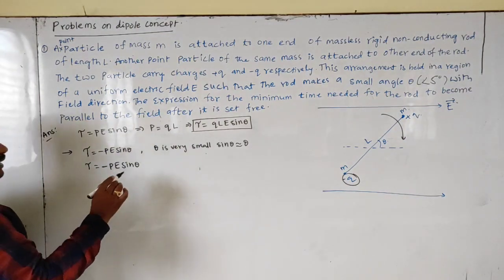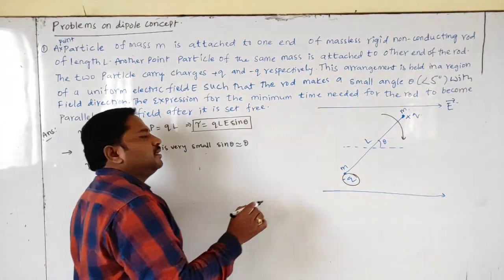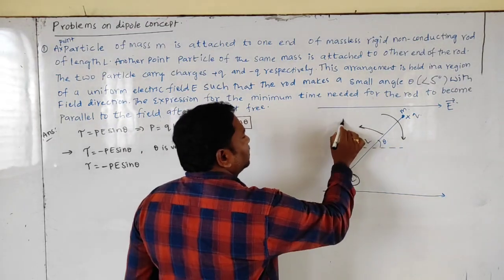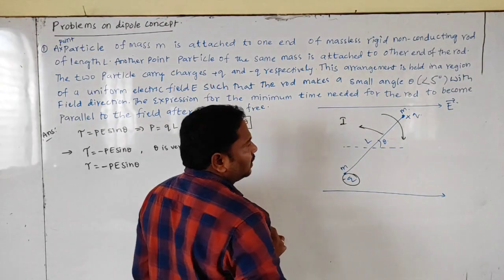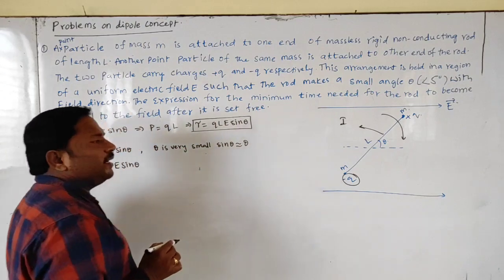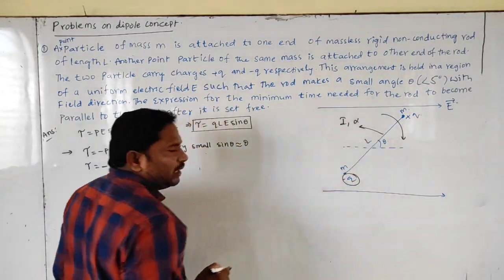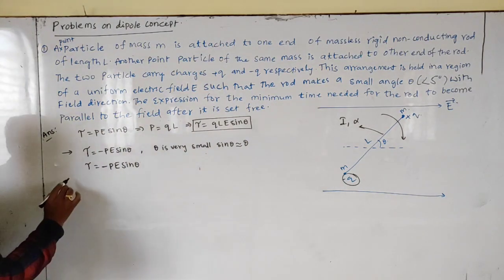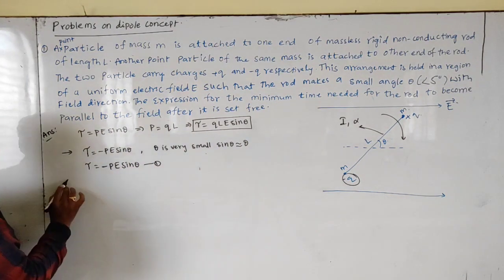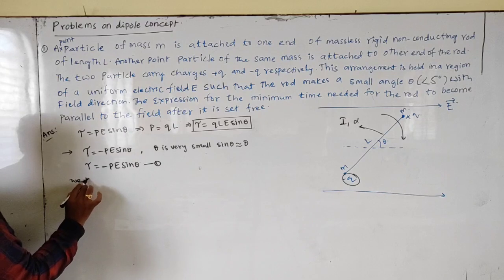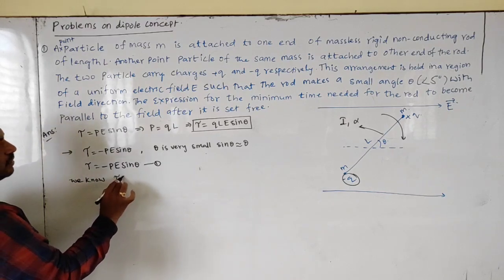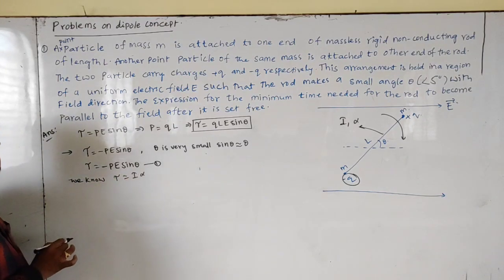Now the moment of inertia of the rod is I, and its angular acceleration is alpha. So now we know the formula: tau equals I alpha.